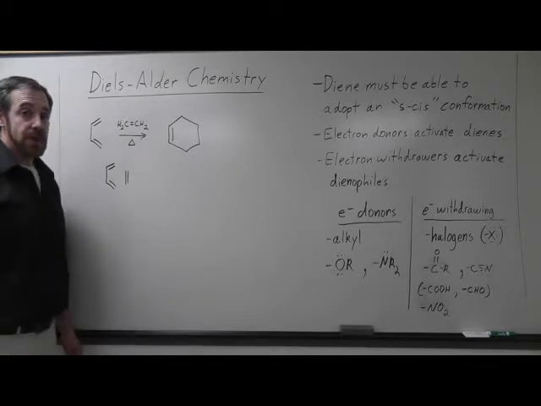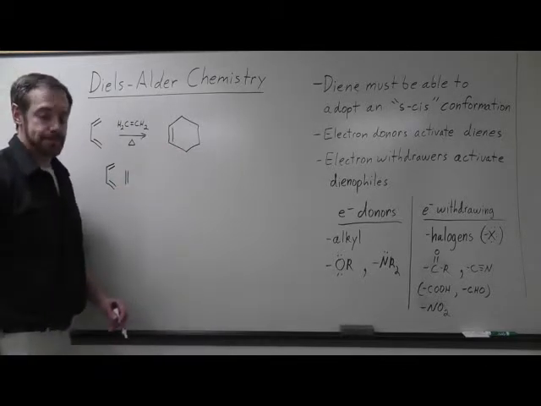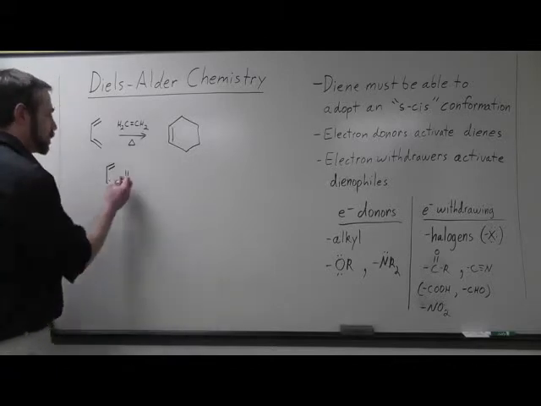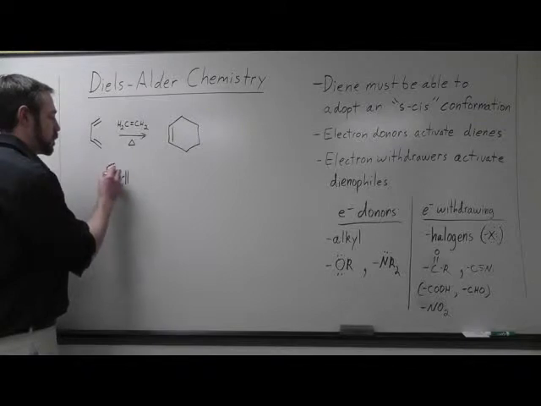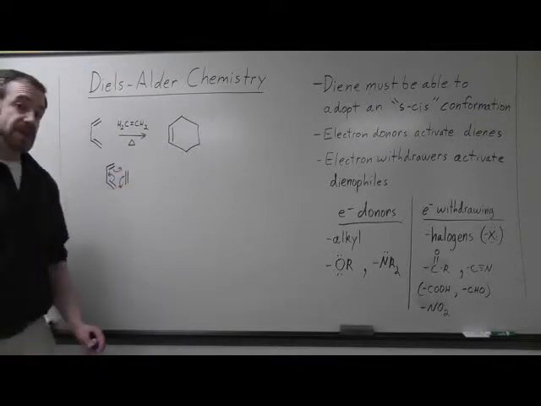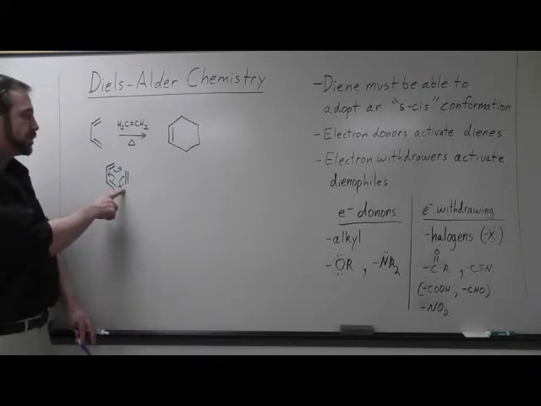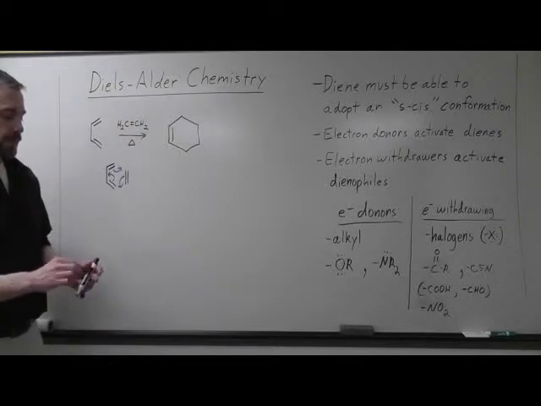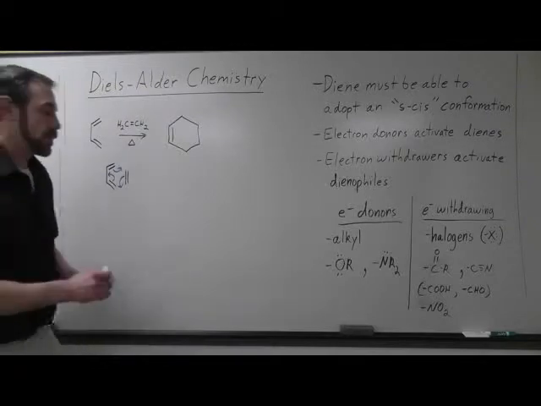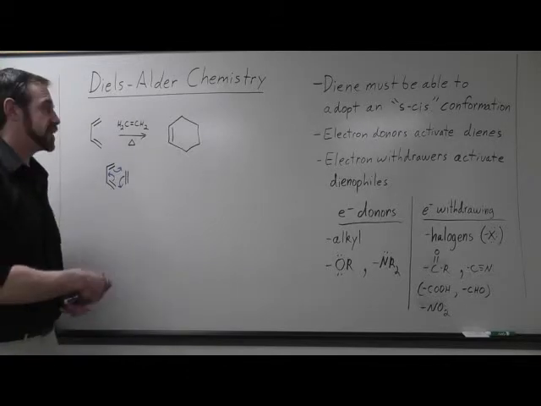And so we'll line up our diene and dienophile, ready to form a 6-membered ring. We can see the pi bonds rearranging to form two new sigma bonds in the product. Now we can apply this mechanism to some more complicated examples.